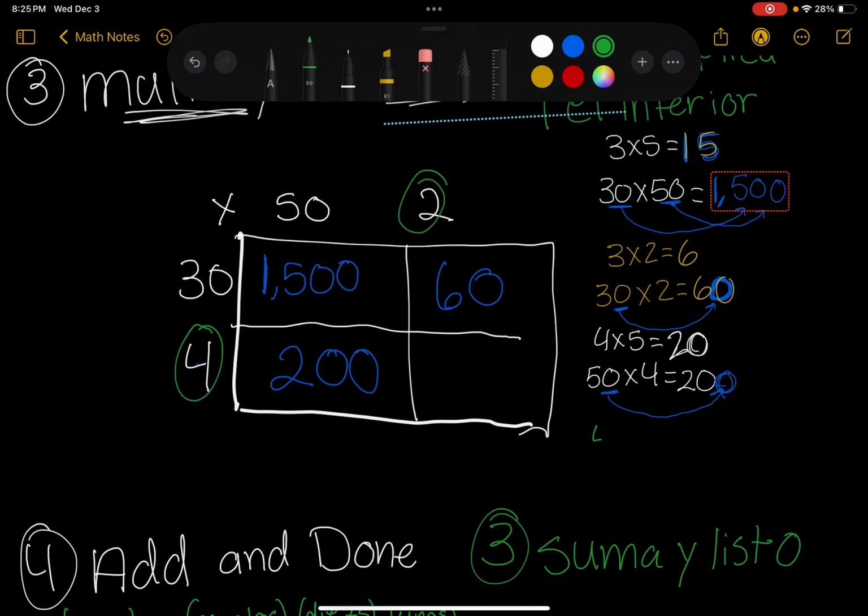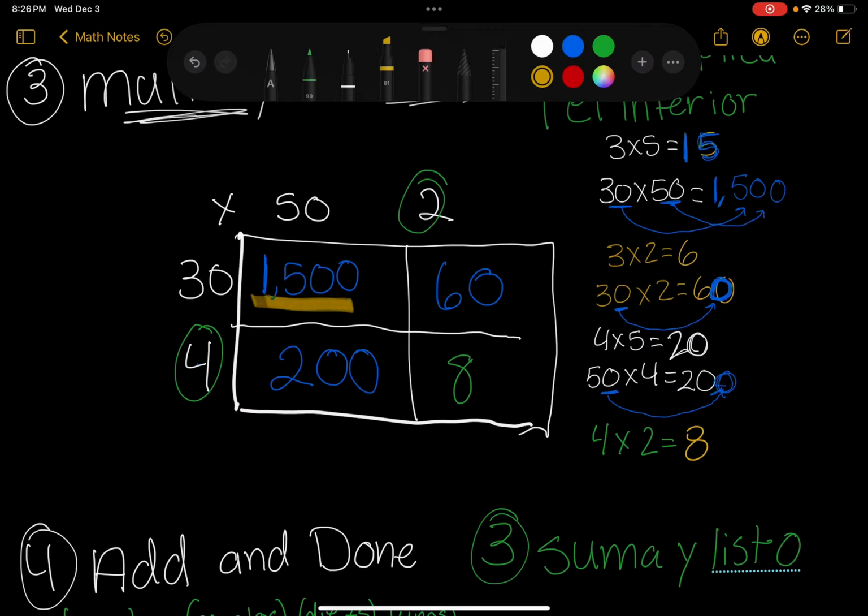Now, I know you guys are geniuses, so you can probably tell me what 4 times 2 is, but it's 8. So, in our final box with just our ones, we're going to write the number 8. Now, you should have inside our box 1,500, 60, 200, and 8.